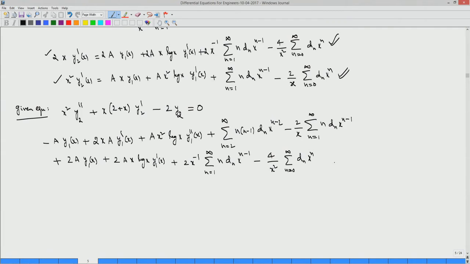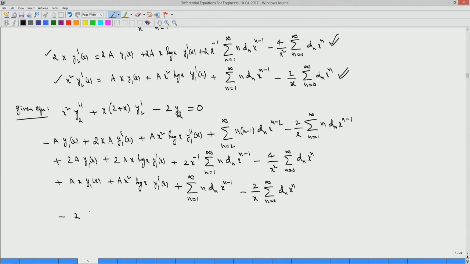That is my 2x y2 dash plus x square y dash, that also you add: a x y1 of x plus a x square log x y1 dash of x plus sigma n is from 1 to infinity n dn x power n minus 1 minus 2 by x, n is from 0 to infinity dn x power n, and then minus 2 into y2.